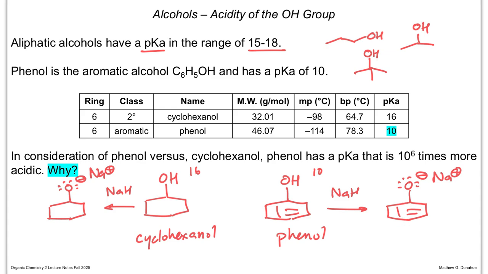And the reason it is, is because of resonance. The negative charge can be delocalized into the ring. So we can take a lone pair, push it down to make an OC pi bond, and then that pi bond can push electrons out to that position to make a resonance form.